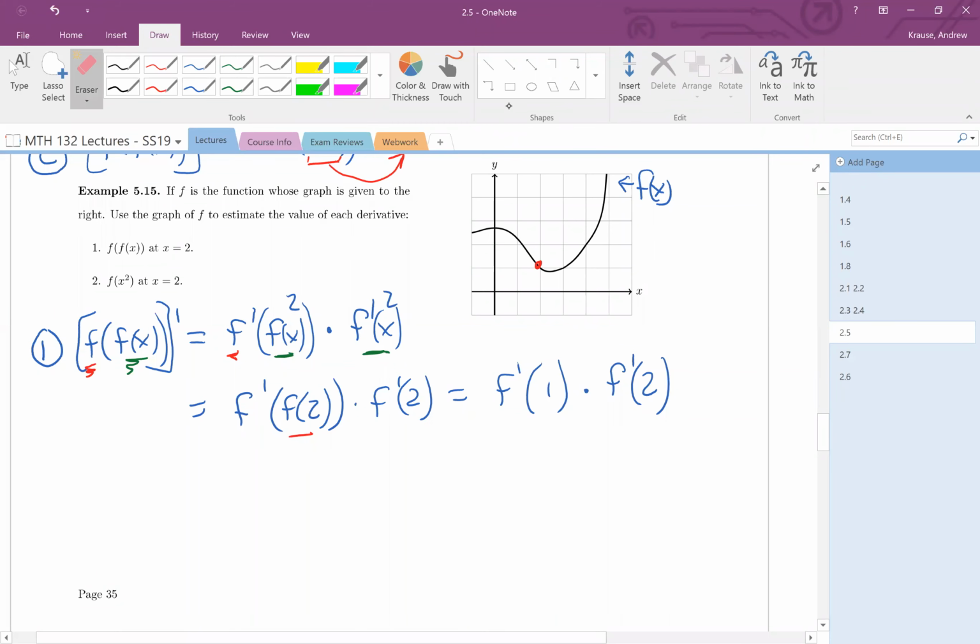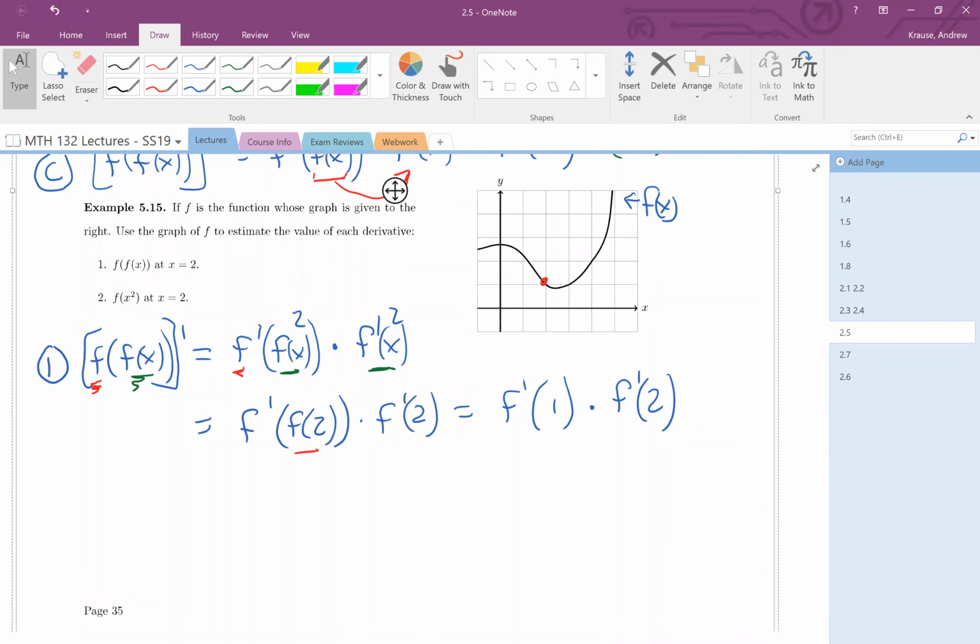It's a little hard for me to draw tangent lines on the tablet. Let me see if I can get a little bit better line here. So we want to find the slope of that line. So the green one here. That green one is going to be the derivative at 1.